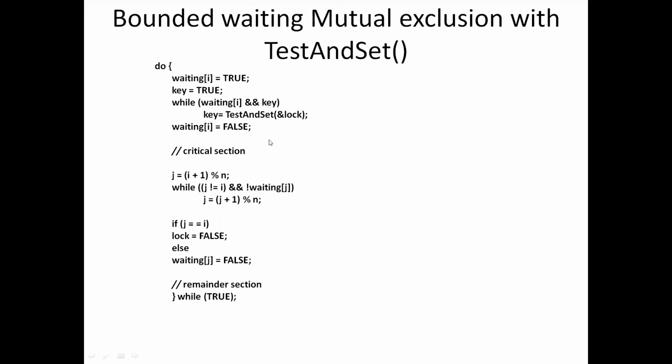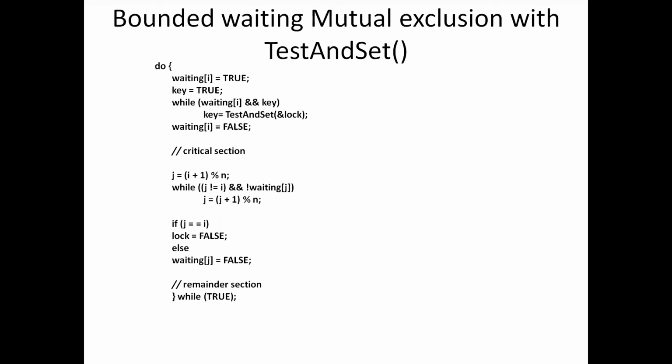Next, here we have the exit section code, that is j equal to j plus 1 mod n. We have assumed I equal to 0, and n is the number of processes. We have taken 5 processes as an example, so 0 plus 1 mod 5 gives 1.